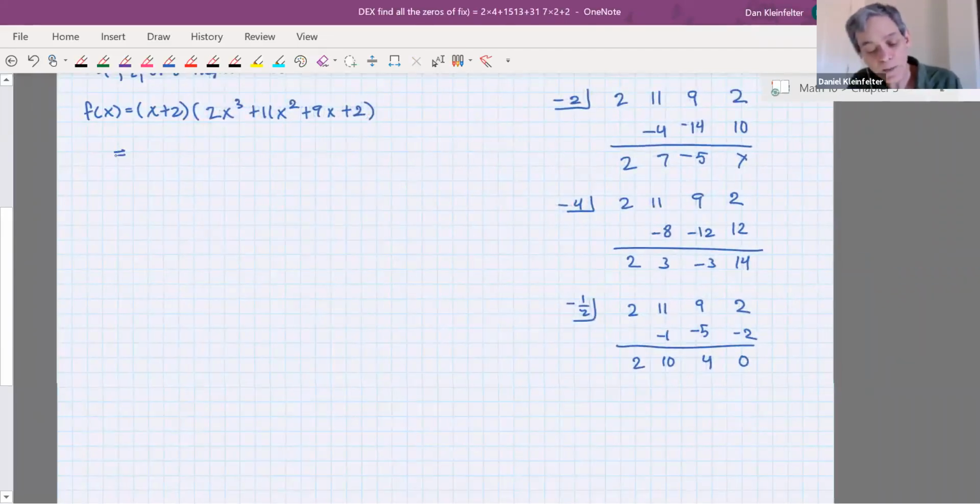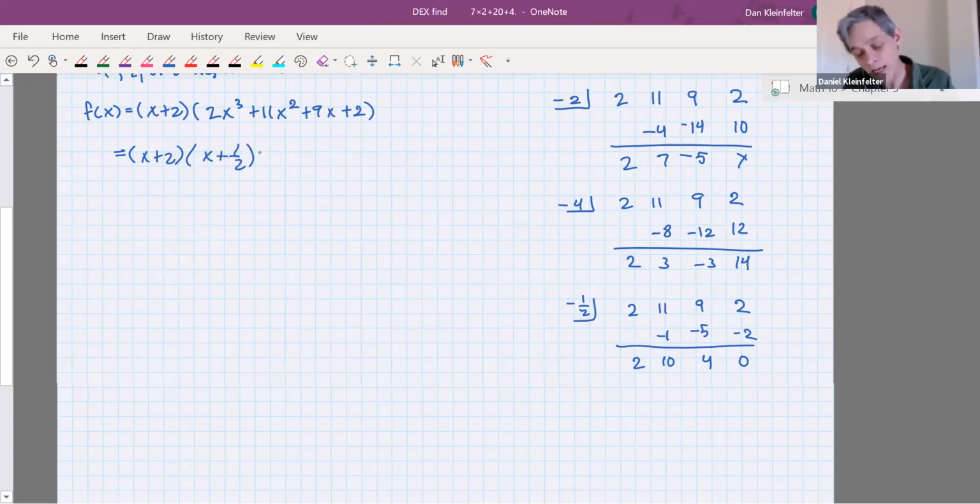So now we've found that one more 0 is going to be negative 1/2. So we have x plus a half as a factor. And then what's left will be 2x squared plus 10x plus 2, as our partial factorization.